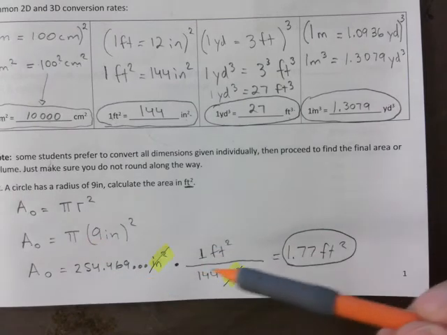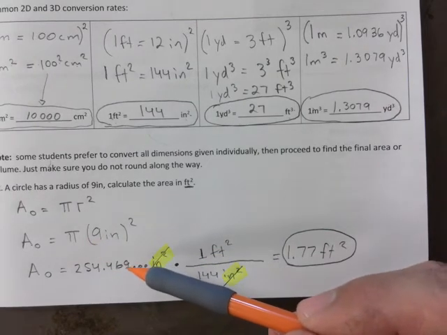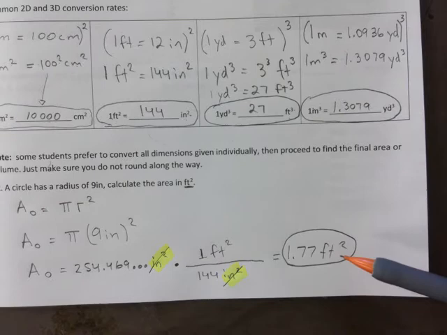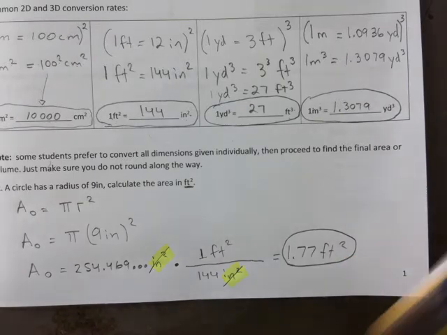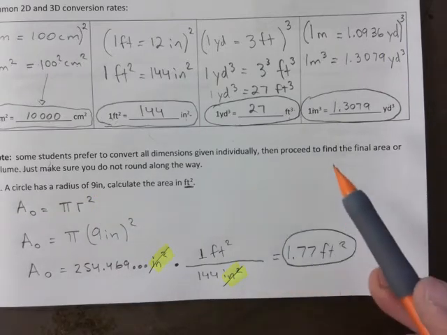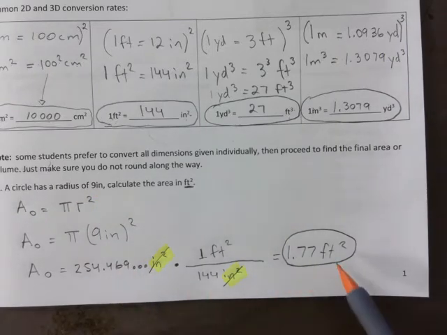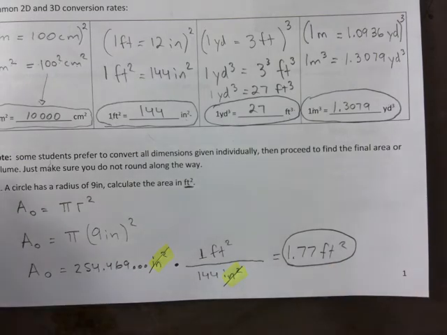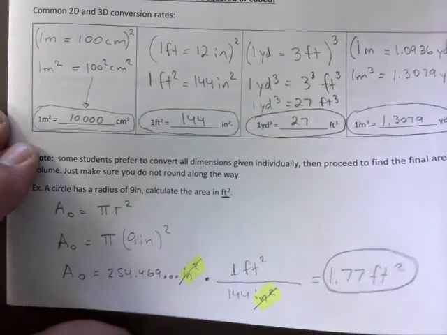So you would get 1 mark to get to here, and then another mark for actually doing the proper conversion. So I can see that some of you will go ahead and turn the 9 inches to feet and then go ahead with this. That's fine. All right, let's keep going. We're going to slowly up the difficulty level.